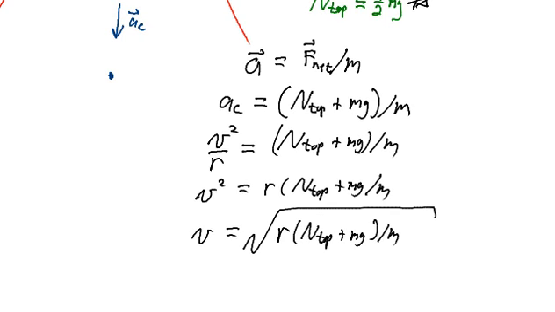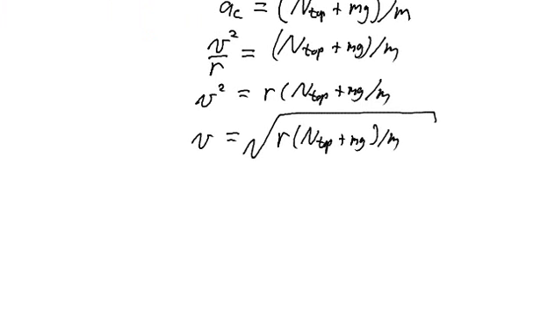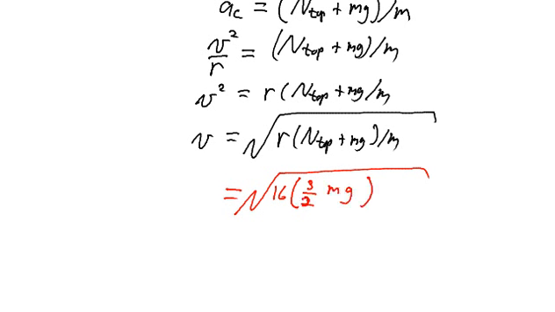All right, so we can go ahead and put in our numbers. So the radius was 16. The normal force at the top is 1/2 of the weight, and I would add that to the weight. So I would have 1/2 plus 1 is 3/2 times the weight, which would be m times g, and then that gets divided by m.